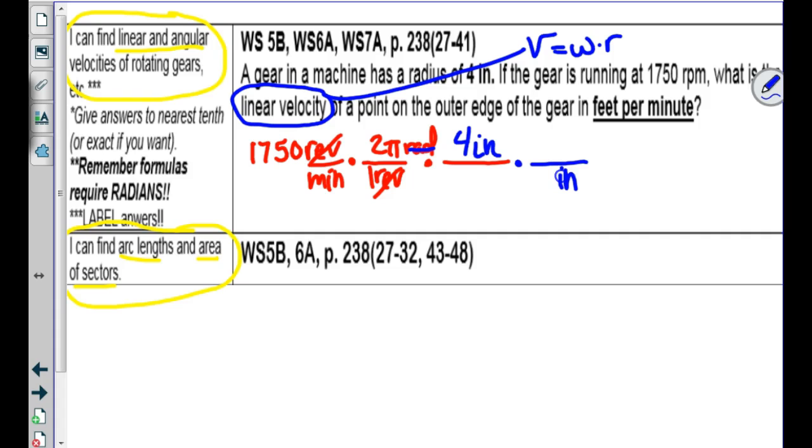We need inches to cancel and feet on the top. So 1 foot is 12 inches, so we're actually dividing by 12. I have to write it out because I have to think about it too. So the inches divide, and now we're left with feet and minutes. So we have 1750 times 2 pi, go ahead and put the pi in, times 4, and then divided by 12.